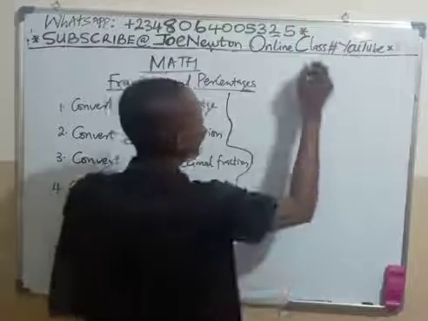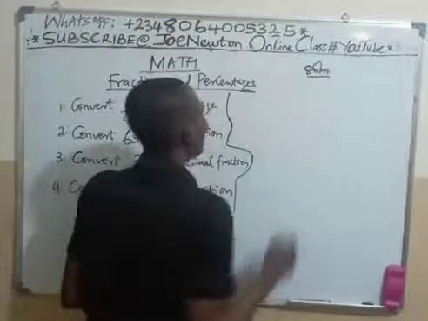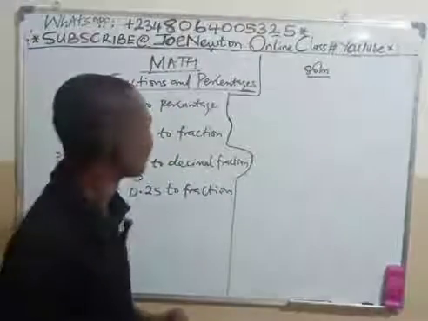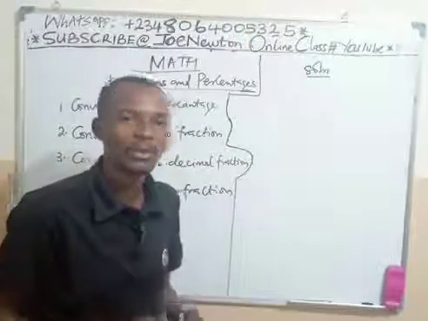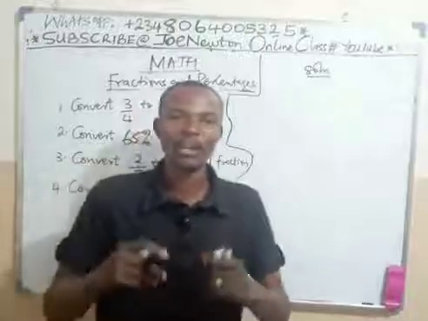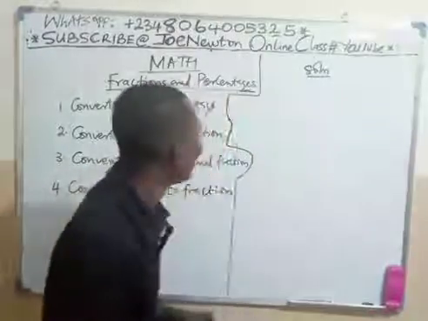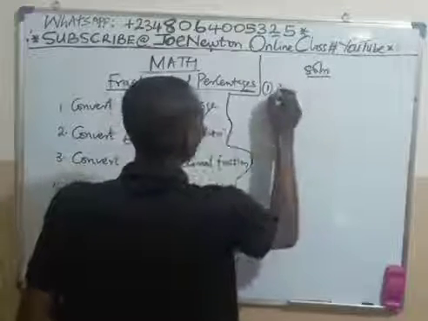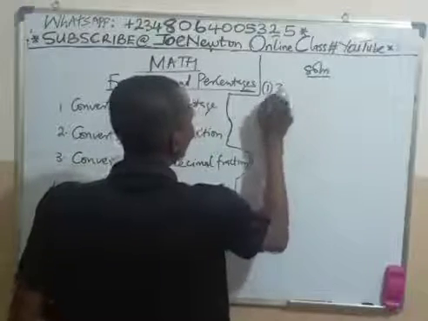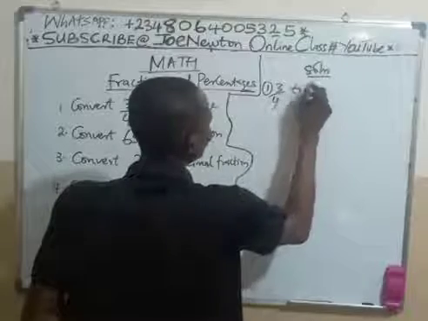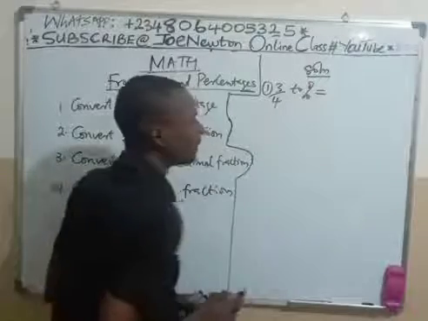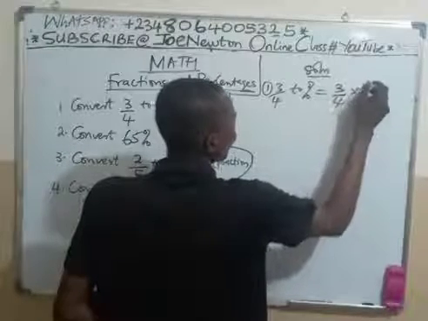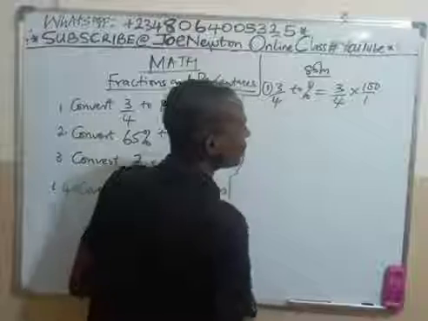Okay, solution. In solving this, we observe simple rules or methods. First of all, whenever you hear percentage, what will quickly come to your mind is expression in 100. So number 1 says we are converting 3 over 4 to percentage. Well, this is the symbol, which means 3 over 4 times 100 over 1.